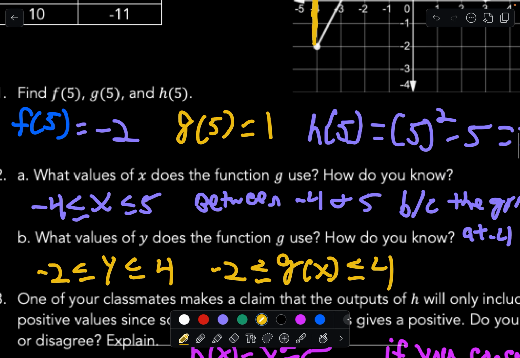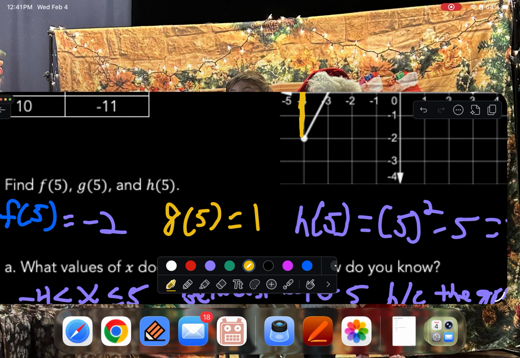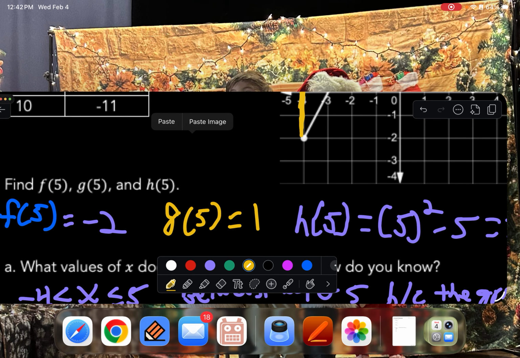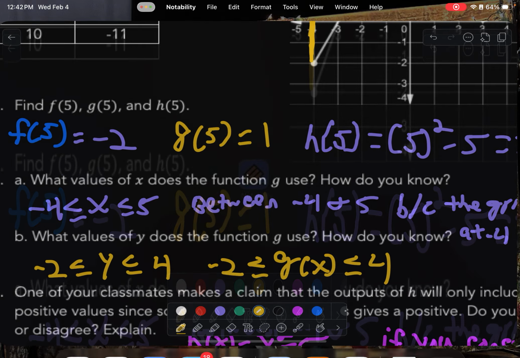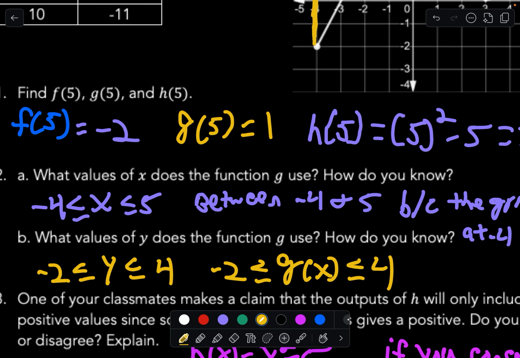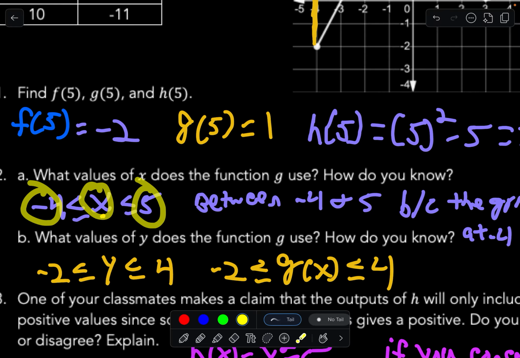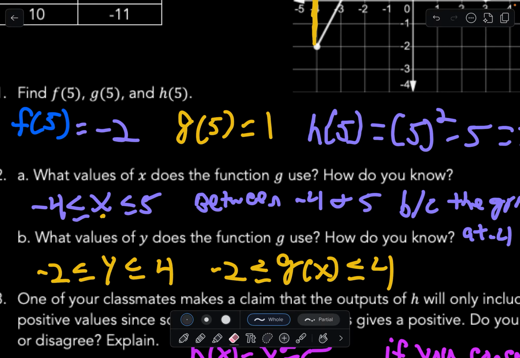So we would say x is between -4 and 5. This is a compound inequality that we saw when we were talking about inequalities.